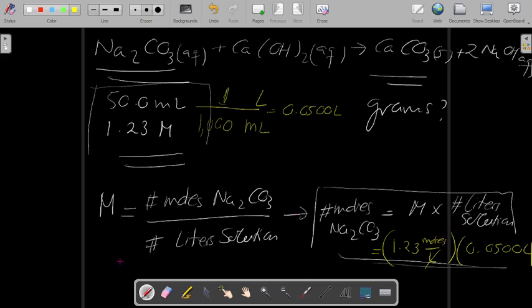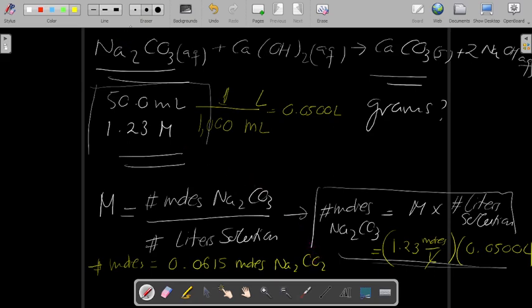The number of moles, when I put everything in the calculator, comes to 0.0615 moles of that sodium carbonate. Okay. So now I have everything I need to do stoichiometry.